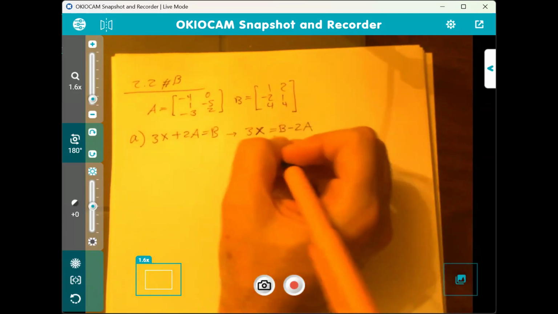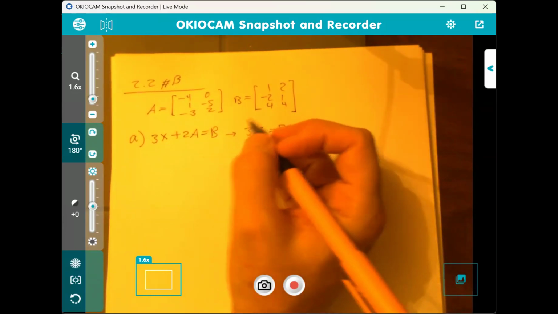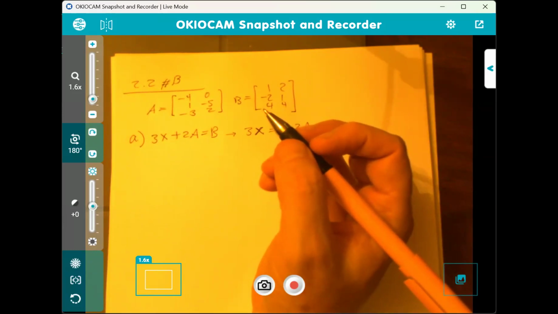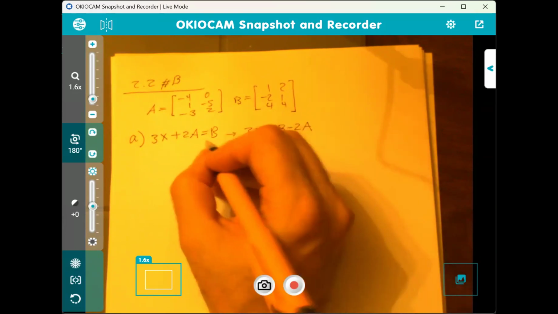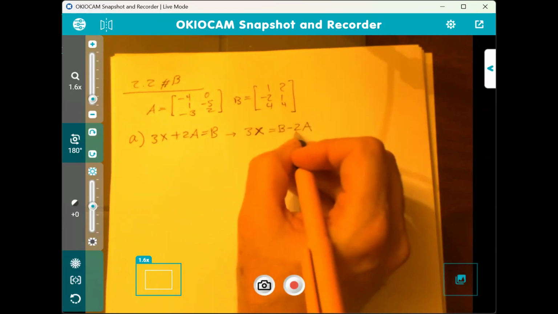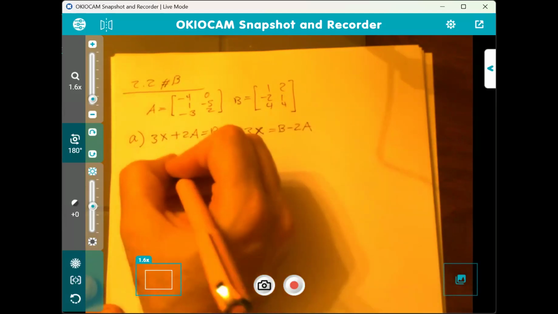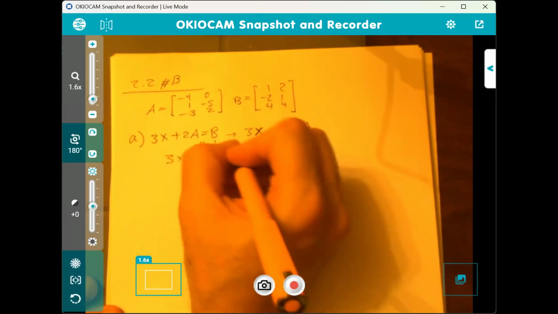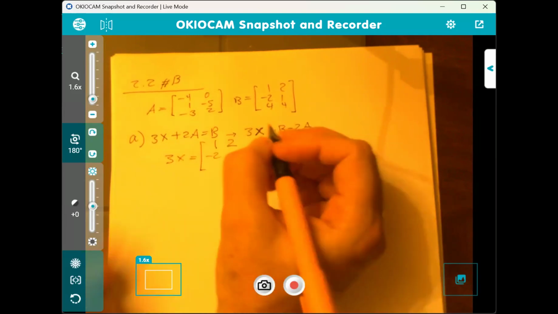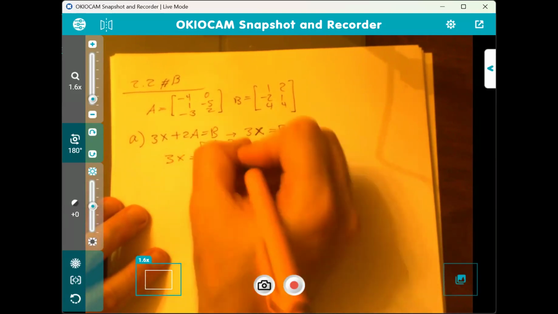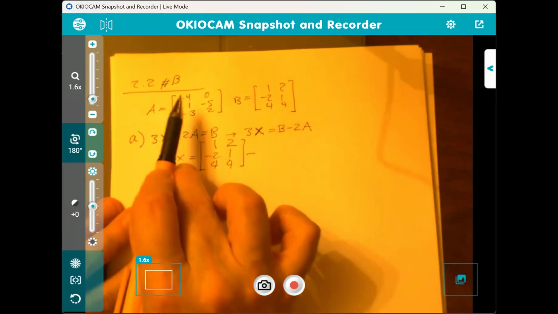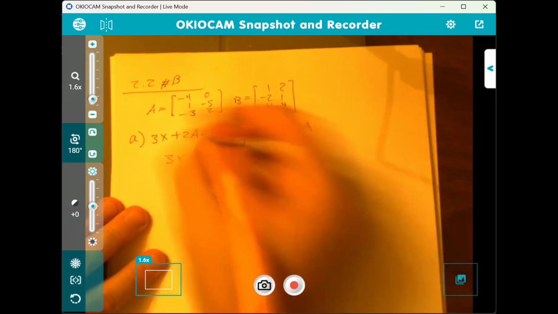So 3x is equal to matrix B, 1, 2, negative 2, 1, 4, 4, and then negative 2 times A. You're going to multiply every element of A by 2, so double up on everything.